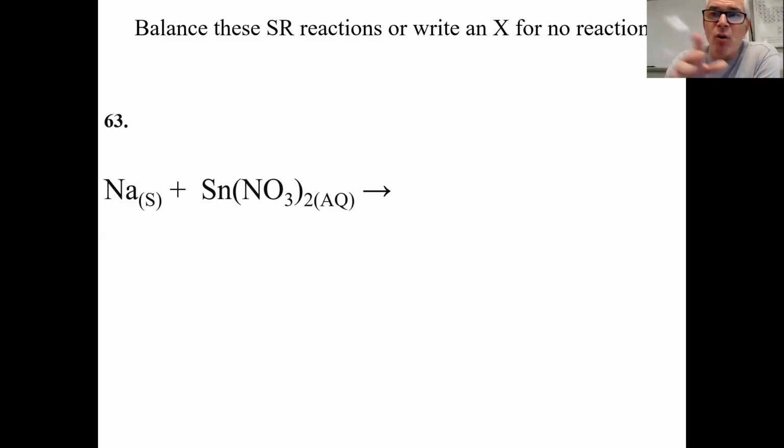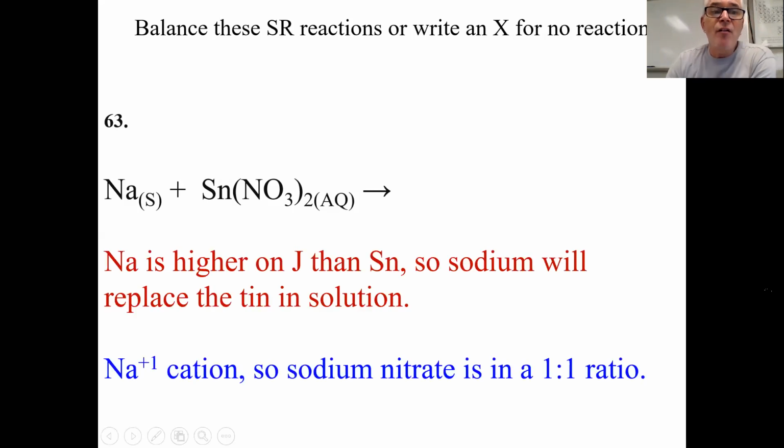We have atoms going into an aqueous solution, and the atom is more active than the cation. So the sodium metal is going to become a cation and go swimming. It's going to bump the tin out. So watch what happens. First, since sodium is higher, but we have to think, sodium makes a +1. Nitrate is a -1. So even though the tin compound is in a 1 to 2 ratio, the sodium nitrate is going to be in a 1 to 1 ratio.